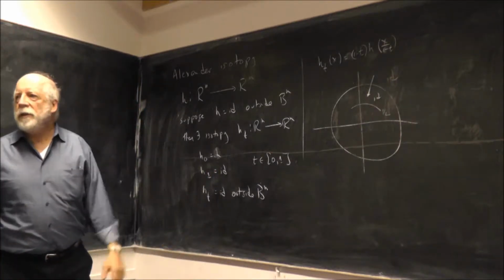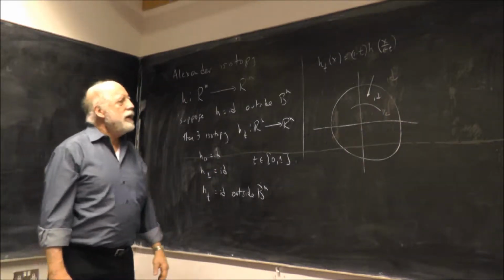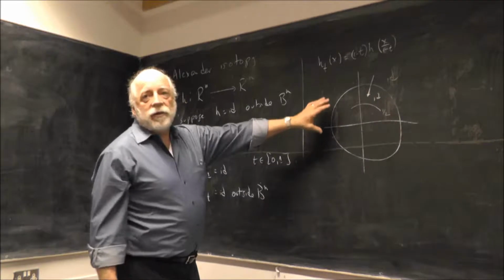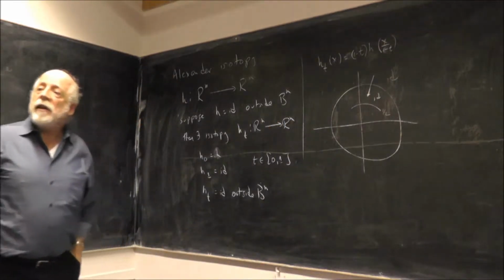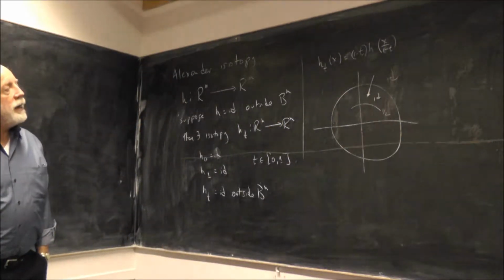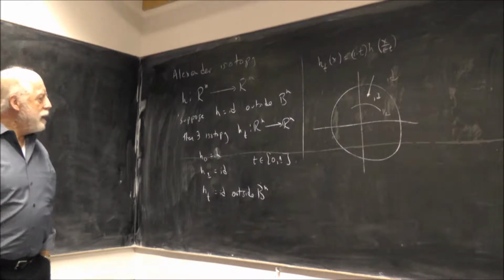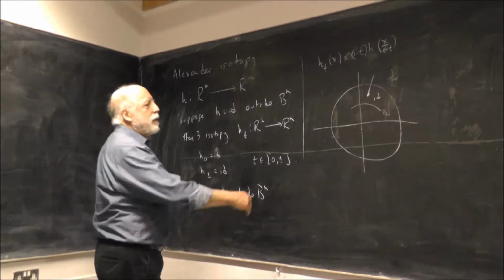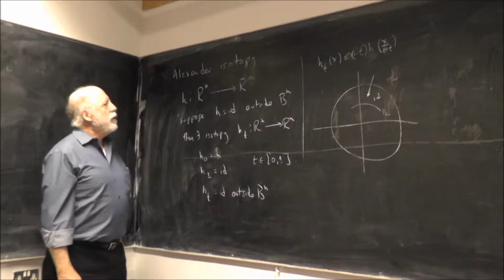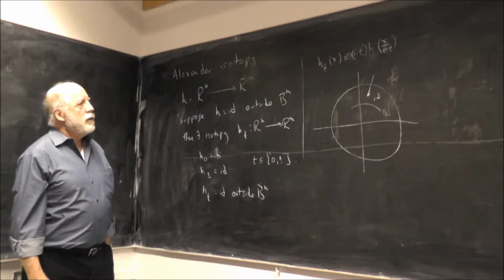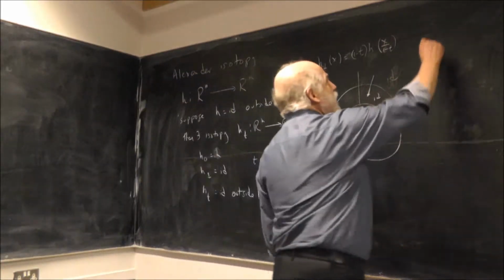So it's very simple. A calculus student who understands continuity can understand that argument. And that's the Alexander isotopy, and as simple as it is, it turns out to be quite important. And there are various versions of it. So here's a homework exercise.